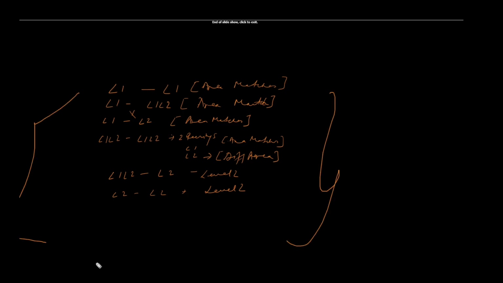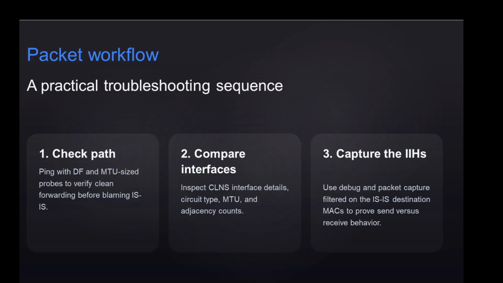So this is a summary of the resulting adjacency that will be established given the various combinations of levels running in an IS-IS network. Going over the packet flow and a practical troubleshooting sequence, a good starting point is to make sure there is layer 3 reachability between the routers and the MTU size matches at both ends of the IS-IS peering. We can also check interface details confirming the MTU size, the circuit type, and the adjacency counts.